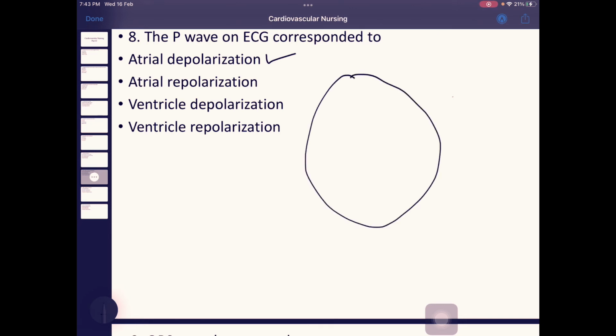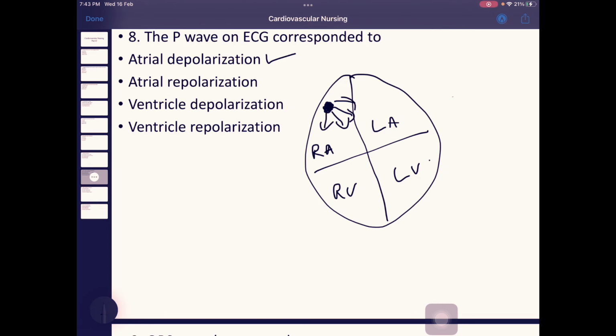If we see the heart, this is the right atrium, left atrium, right ventricle, left ventricle. Here there is the SA node at the entrance of the superior vena cava. From the SA node the electrical impulse starts, and it passes throughout the atria, both right and left.